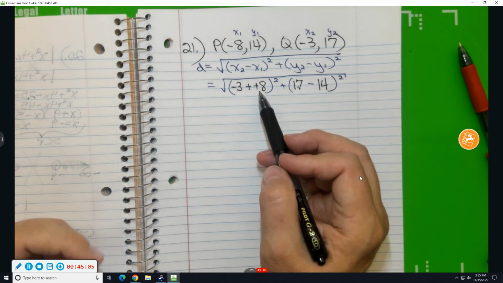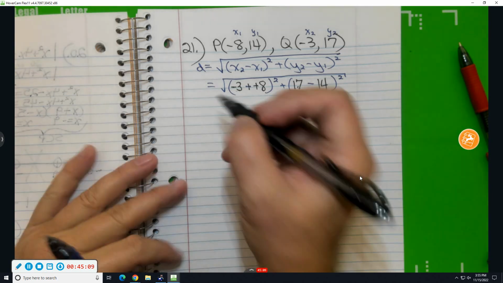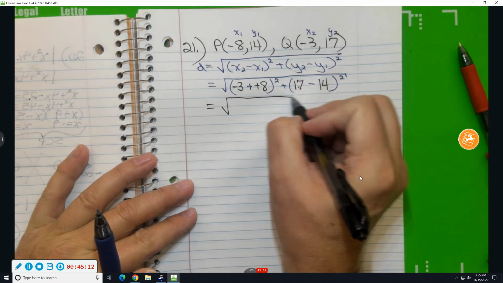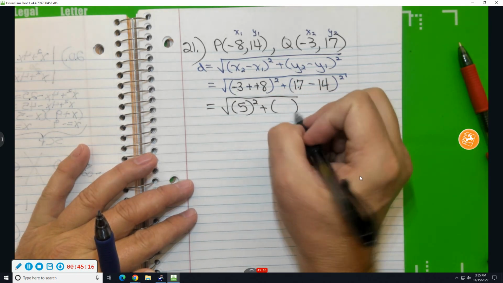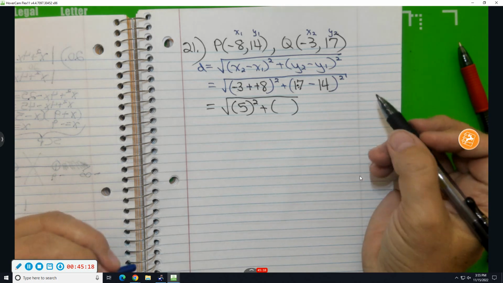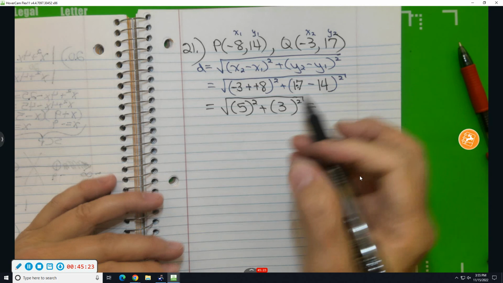Negative 3 plus 8, that minus a negative became a positive, negative 3 plus 8, that's a 5, so we have a positive 5 squared plus 17 minus 14 is 3, so you have a positive 3 squared.